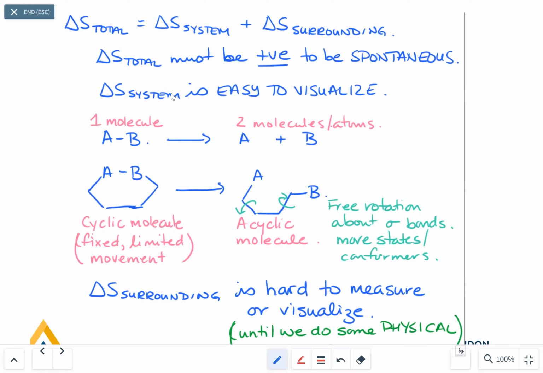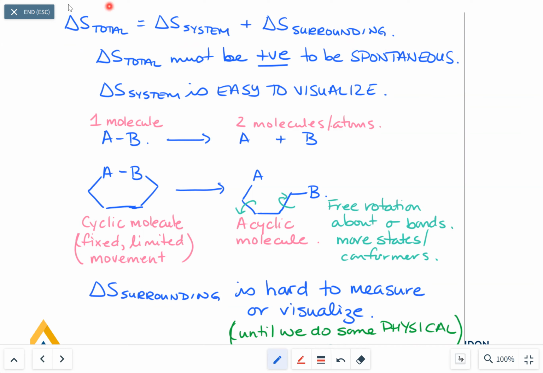All right, so what was I doing? Okay, now let's do some thermodynamics, some physical chemistry. Entropy is given the symbol S. And for any reaction, there's the system and then the surroundings.